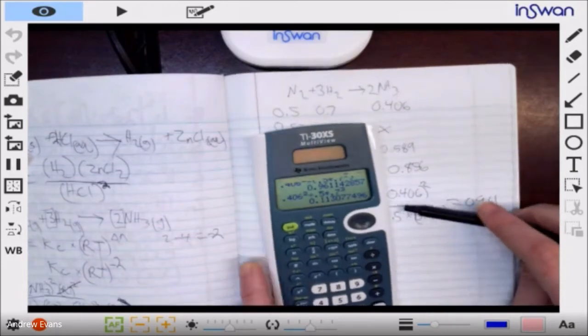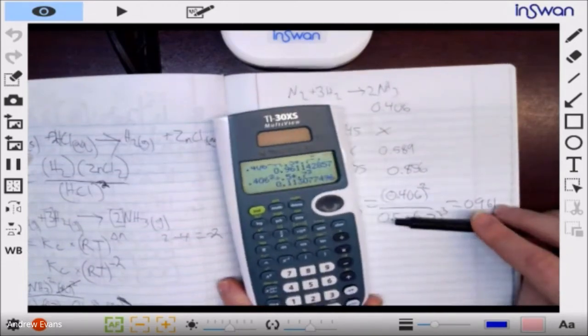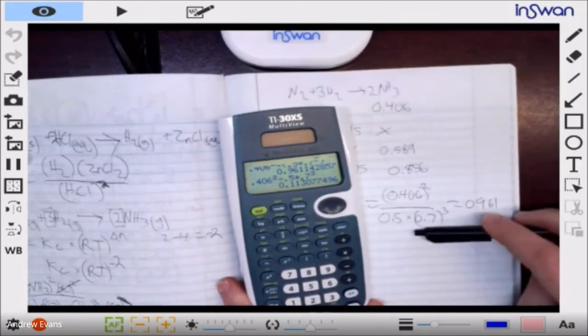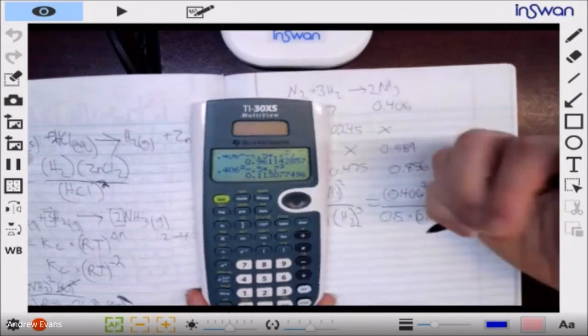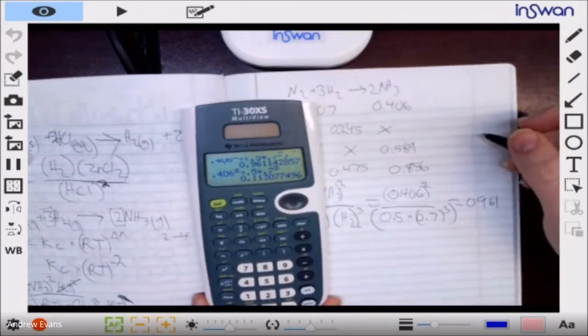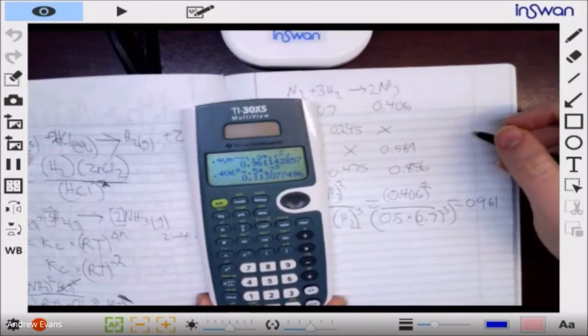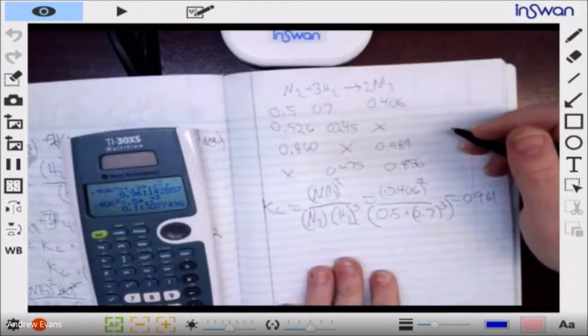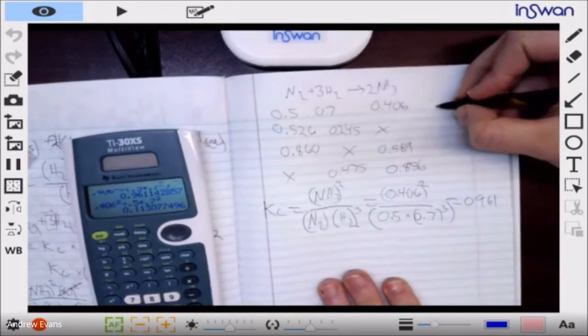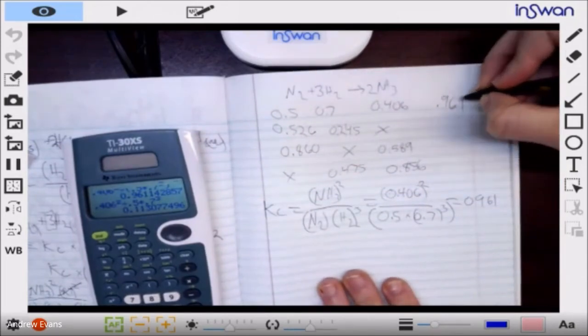Just because we write it like this doesn't mean you type it exactly like this in your calculator. So we have our K, 0.961.